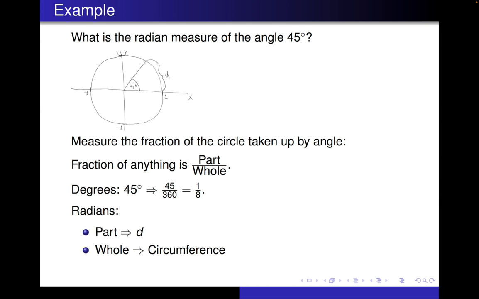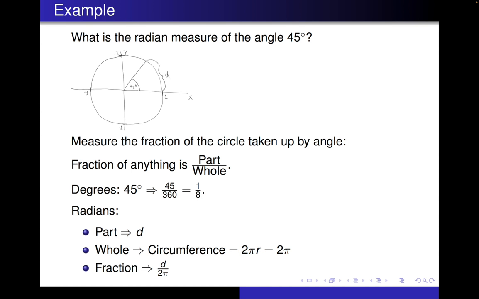And we have a formula for that: 2 pi times the radius. If you forget all that, you can ask me about it. I'll be glad to help you out. In any case, our circumference is 2 pi r. We chose the radius of the circle to be 1. So it's really 2 pi times 1, which is 2 pi. So our part is d, and our whole is 2 pi, which means that our fraction is our part over the whole.